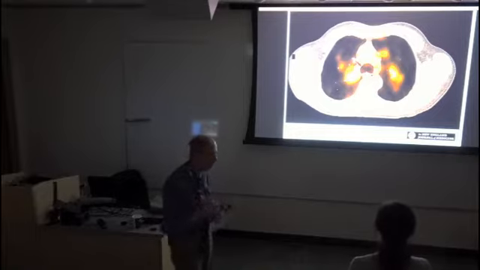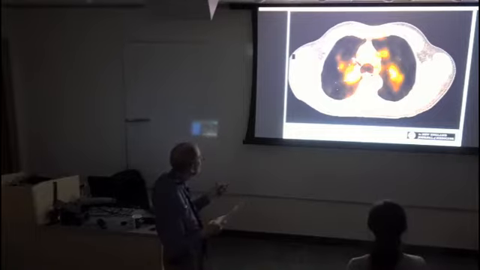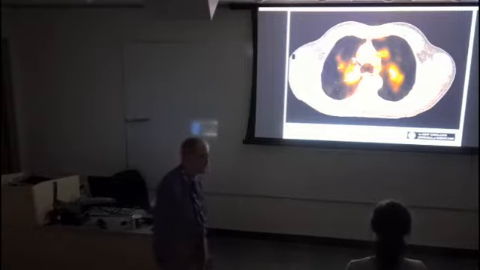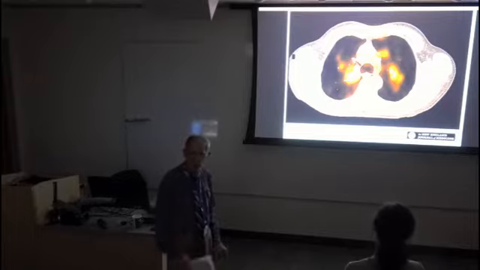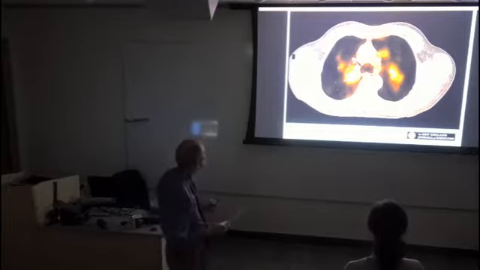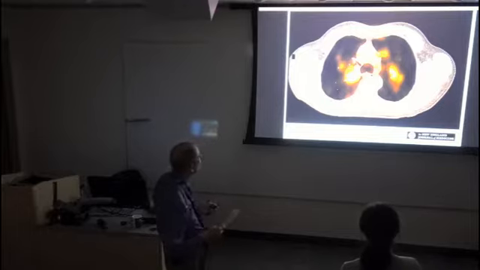If I just had the PET part, all I would see is this blob, this blob, this blob, and this blob, and I wouldn't know where I am. So that's why we invented PET-CT, to have this anatomic registration at exactly the same time, so I can tell where these blobs are.